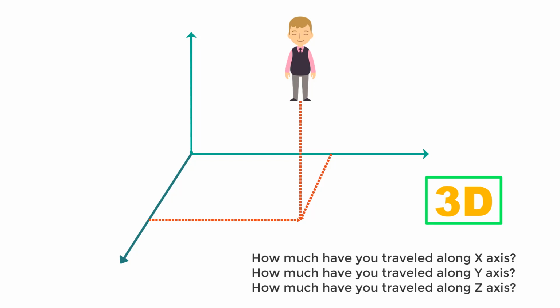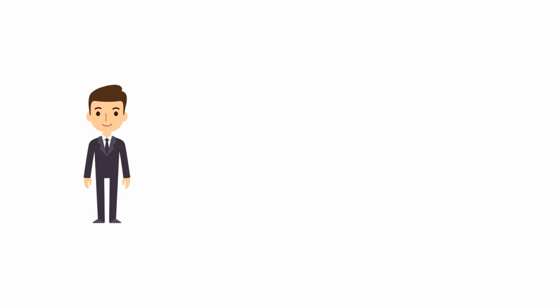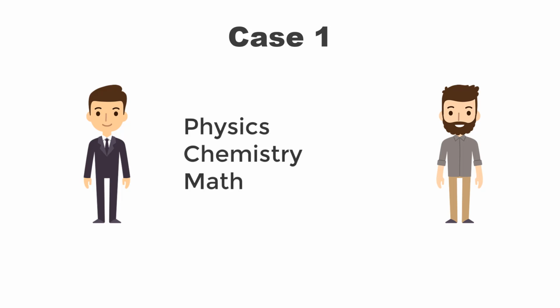For this, let me take another example. Say you are a student who has just finished his exam and I am your teacher. Now let's see case 1. Say there are 3 subjects, physics, chemistry and math, and you want to know the marks that you have obtained in a particular subject.